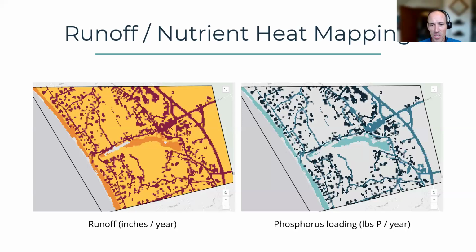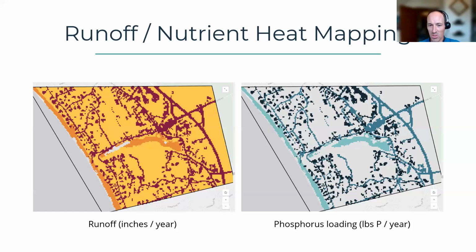But it gets a little more interesting when you look at the phosphorus and you see that the roads are not all the same when it comes to phosphorus loading. And this is where the HRU layer is really powerful, because we all know impervious surfaces increase runoff and nutrient loading, but it really matters what's going on around those impervious surfaces.